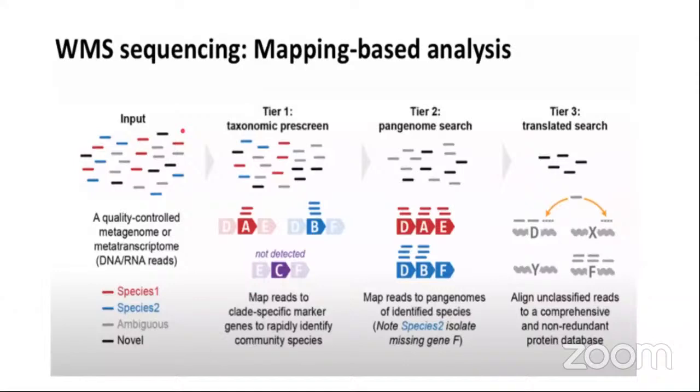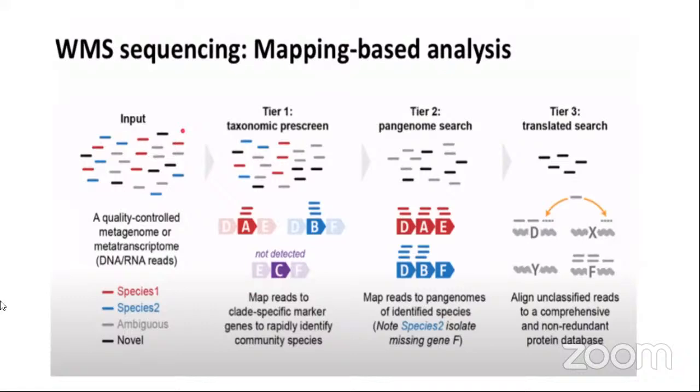For tier 1, where we perform a taxonomic pre-screen, the reads are identified, and based on specific markers, they are assembled into different community species. Tier 2 will be the pan-genome search, where we search the entire genome and identify that. So there could be a possibility of different species.